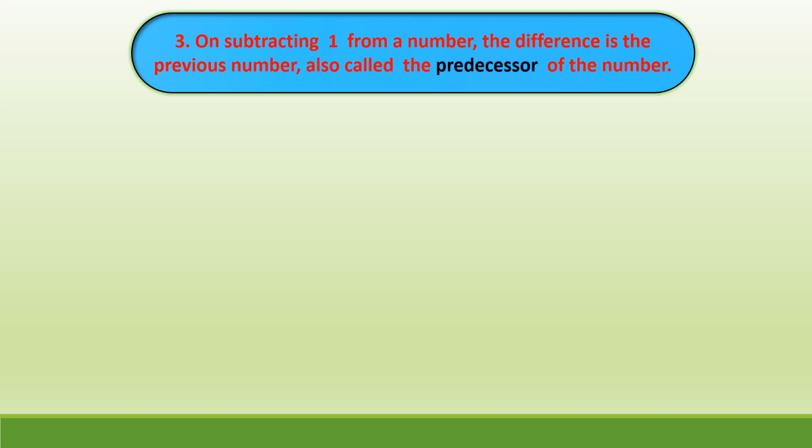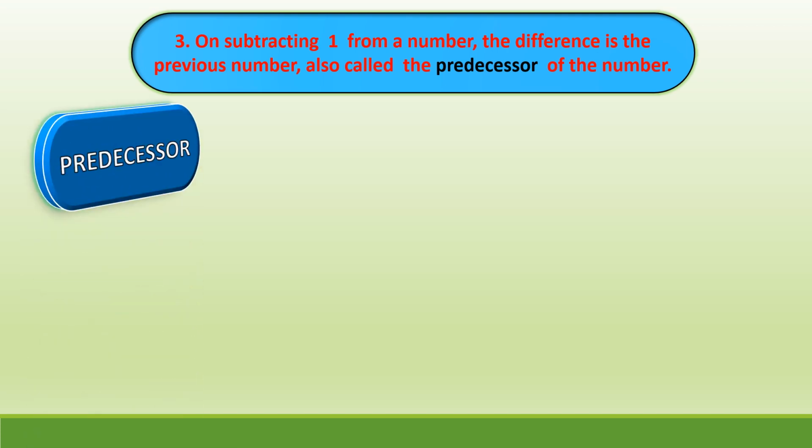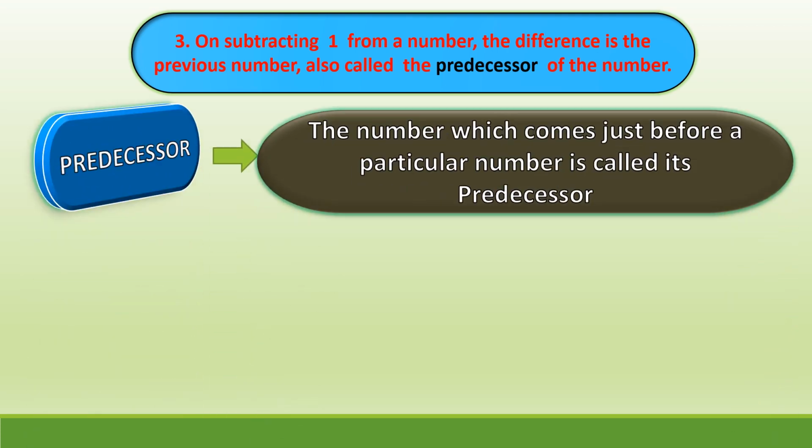So let's know what is the meaning of predecessor. Predecessor means the number which comes just before a particular number is called its predecessor. The before number is called the predecessor.